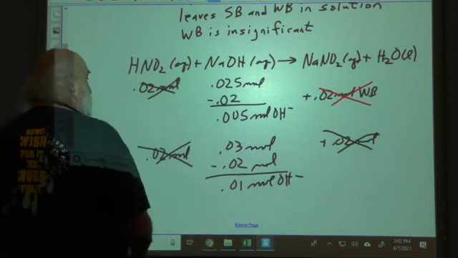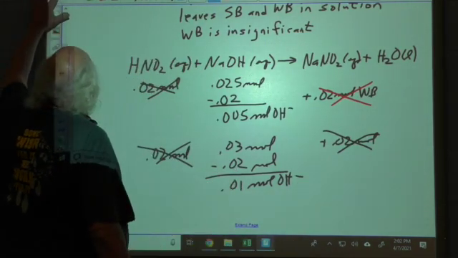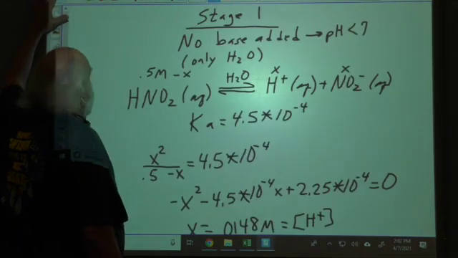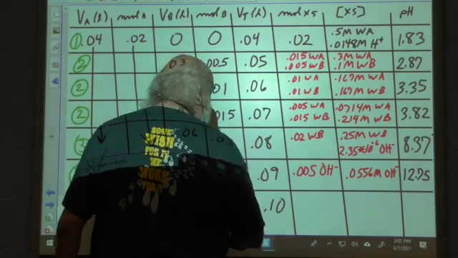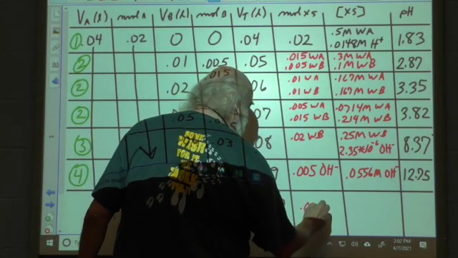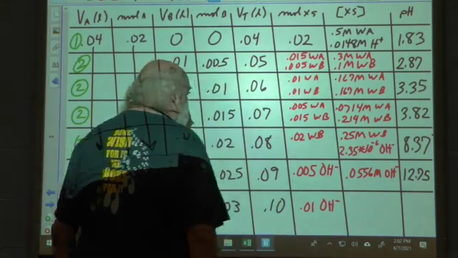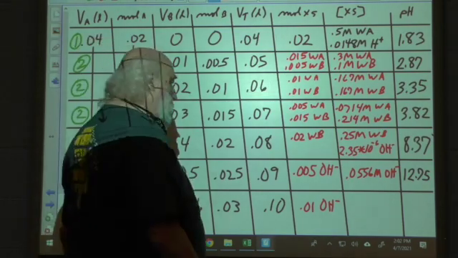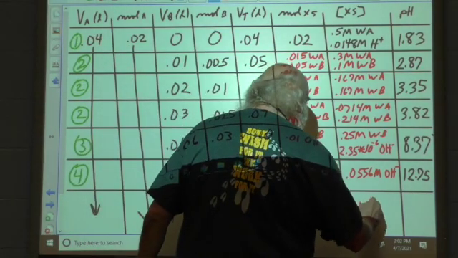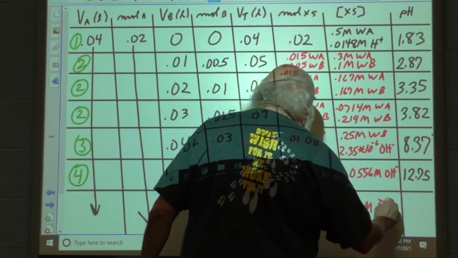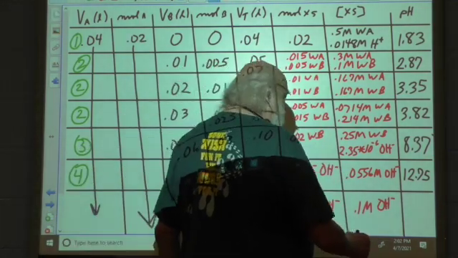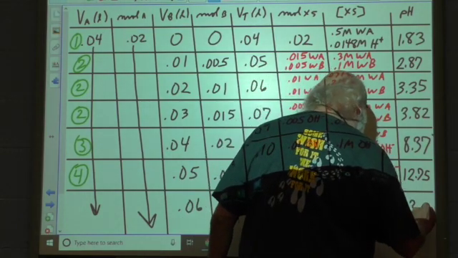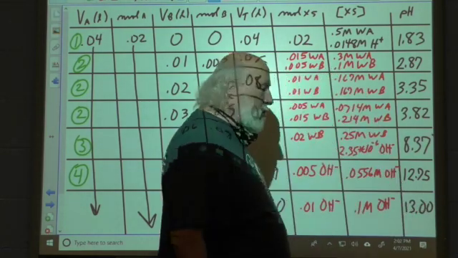We'll focus on that. So put 0.01 moles of hydroxide into the chart. Divide that by 0.10 and we get 0.1 moles per liter of hydroxide. I know the answer to this. I don't have to punch this one out. This is going to be exactly 13, but I want 2 decimal places, so I'll put 13.00.